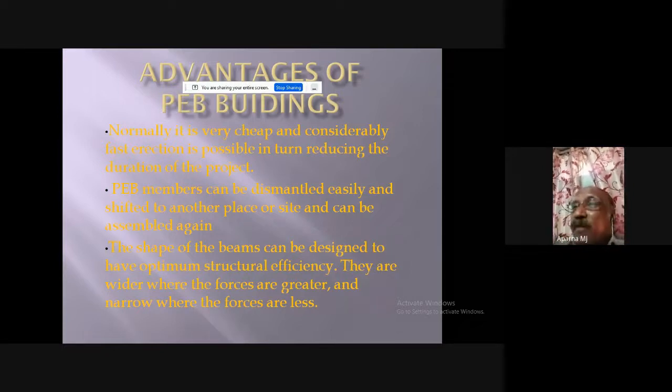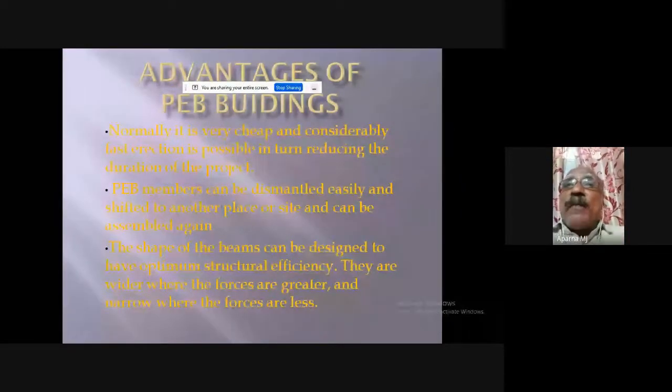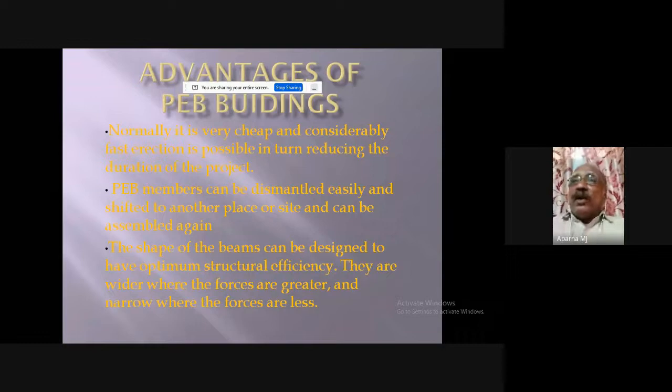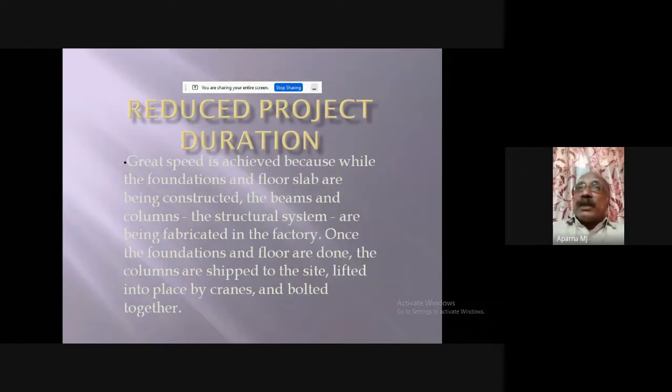Where the movements are there, where the load transfer is there, we have to take care, and those areas should resist the bending moment or whatever load is coming, so we have to use wider or deeper sections. If the load is comparatively low, you can go for narrow sections. In that way, we can save a lot.